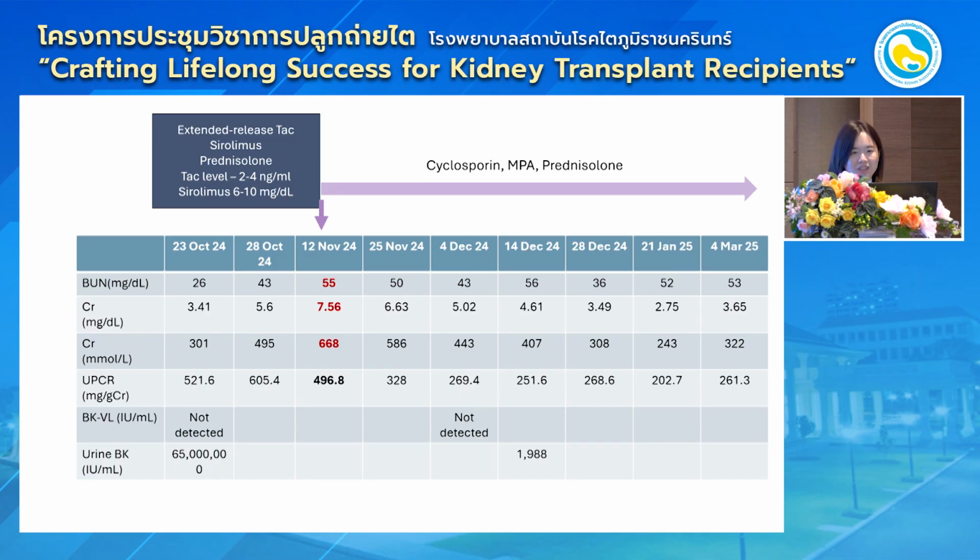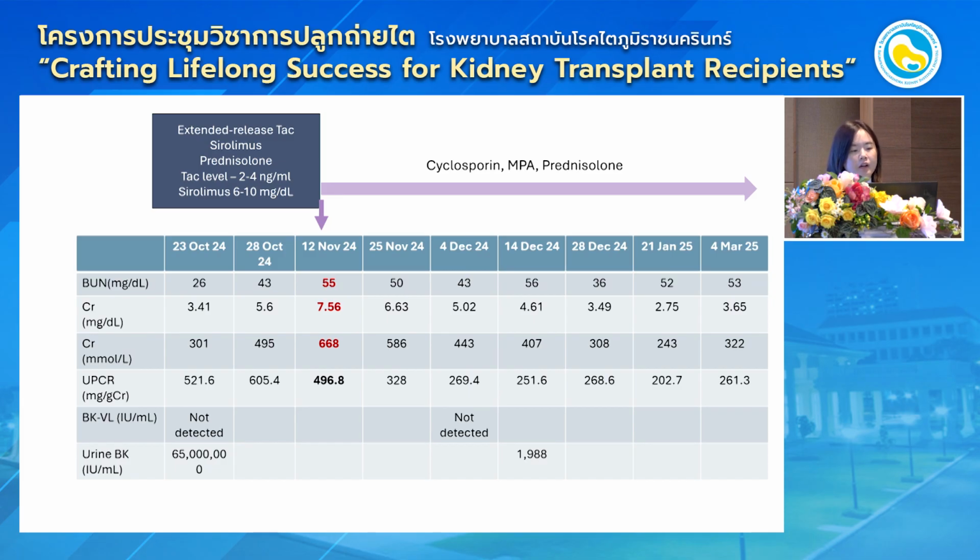So I decided to switch the regimen again. I switched from extended release tacrolimus and sirolimus, to avoid tacrolimus-induced TMA, to cyclosporin, MPA and prednisolone at that time. And that's amazing, that the cause of creatinine rising at that time was, I think, because of TMA for the majority.